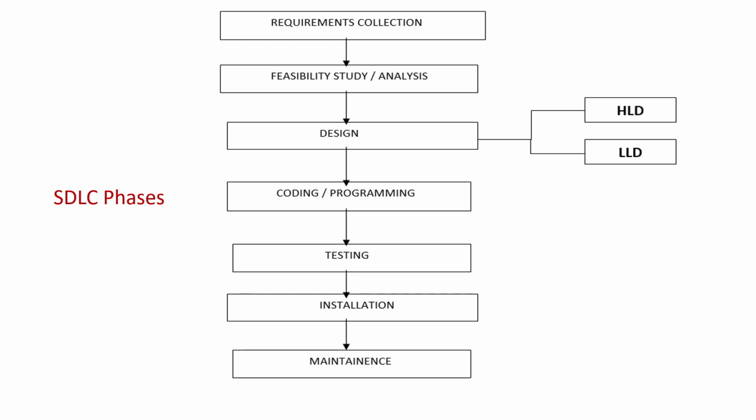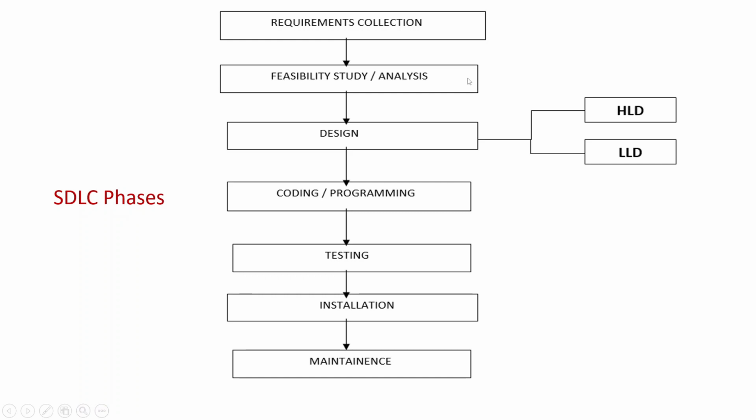Coming to the resource feasibility, suppose my customer says I need an application within 3 months, and I have only 5 resources. We check with 3 months of duration and 5 resources, can it be done? That we check as part of resource feasibility. All these things we analyze in the feasibility study phase.